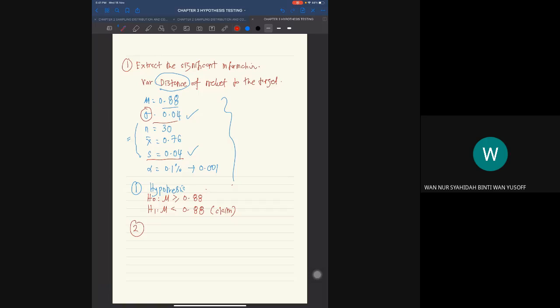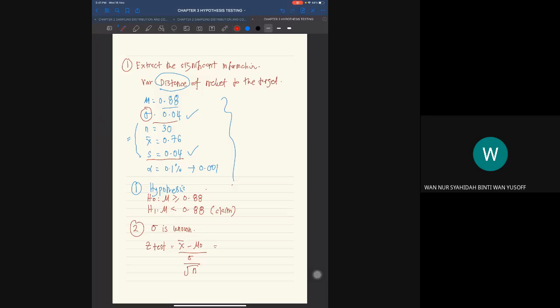So what condition do we have here? Sigma is known or unknown? Known. So we do have sigma. So automatically it is a Z test: X bar minus mu naught, divided by sigma over root n.